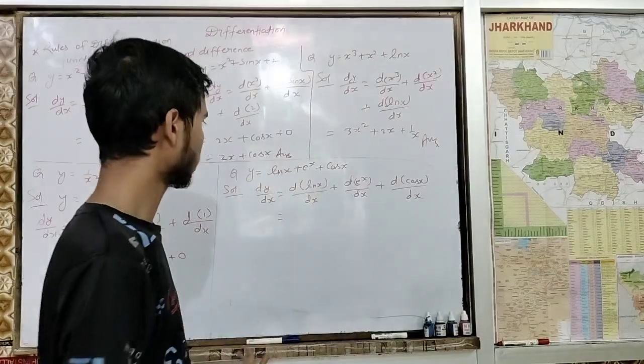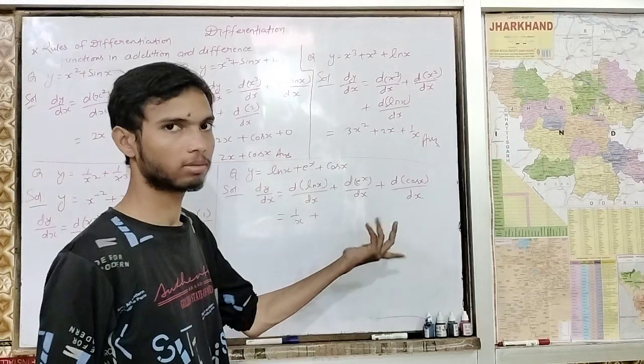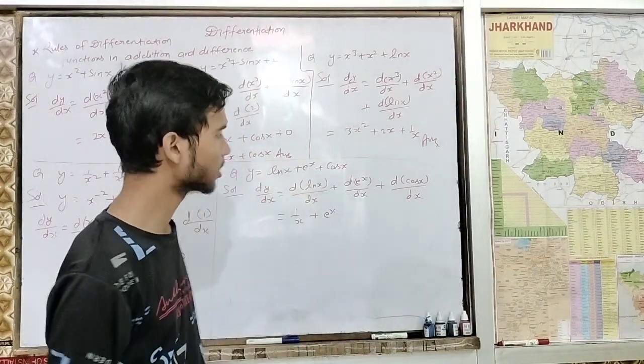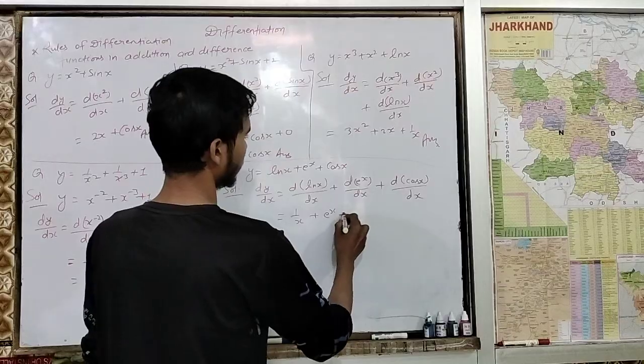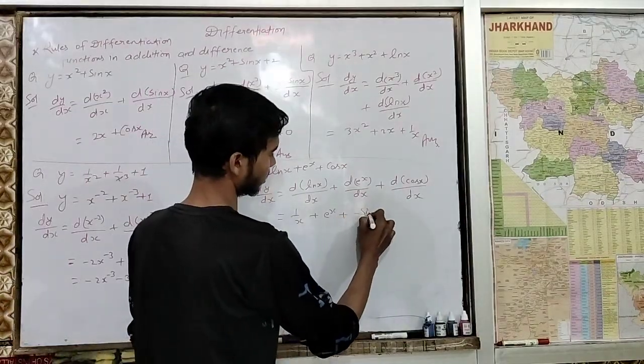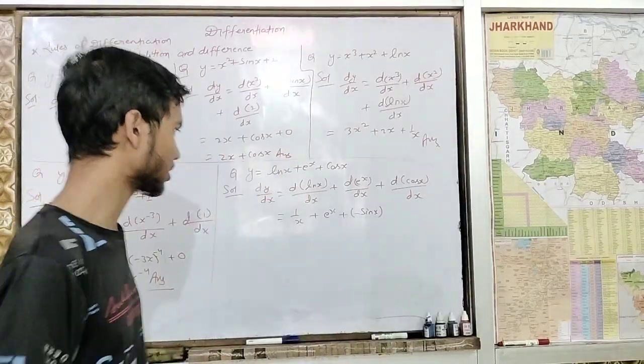Differentiation of ln x is nothing but just 1 upon x. Then we have e raised to power x, this is written as e^x. Next we have cos x, just minus sin x. Differentiation of cos x is always minus sin x.